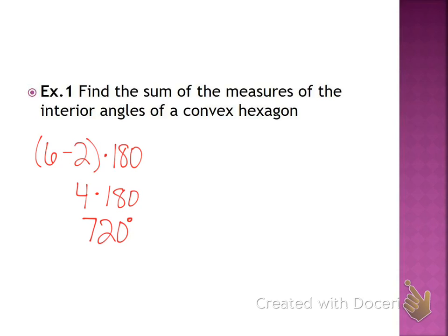So there are 720 degrees total inside any convex hexagon. Again, if you really want to take the time to memorize that sort of thing, that's fine, but usually we just fall back on the formula for shapes bigger than a quadrilateral. Questions on one?